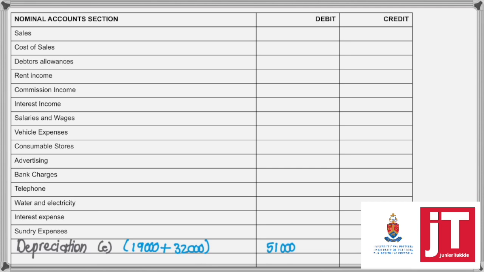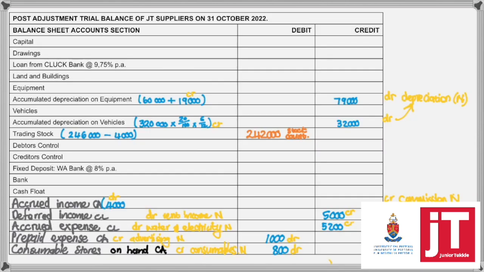The same, if I go back to the previous slide, the same with the accrued income, deferred income, accrued expense, prepaid expense, consumable stores on hand. These will never be in the pre-adjustment trial balance because it's only end of year or post-adjustment amounts. So that's why it doesn't appear in the pre-adjustment amount.